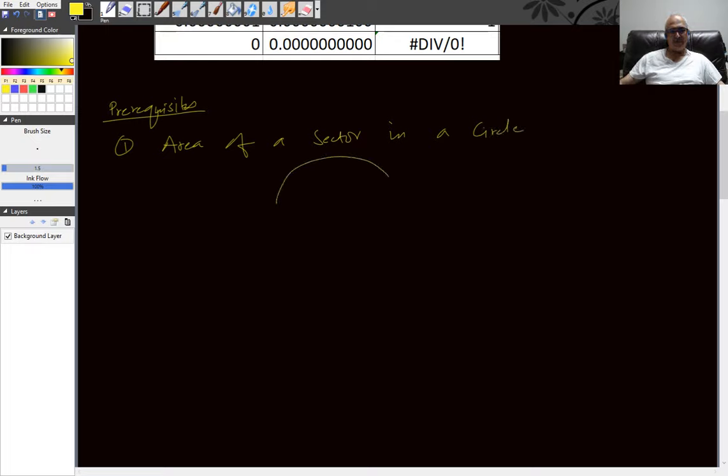So this is a circle and the radius of the circle is r, and we take a sector OPA that makes angle x at the center, and the area of the sector OPA will be half r square x.